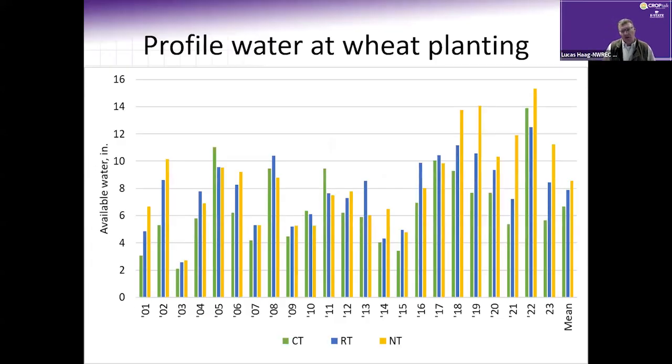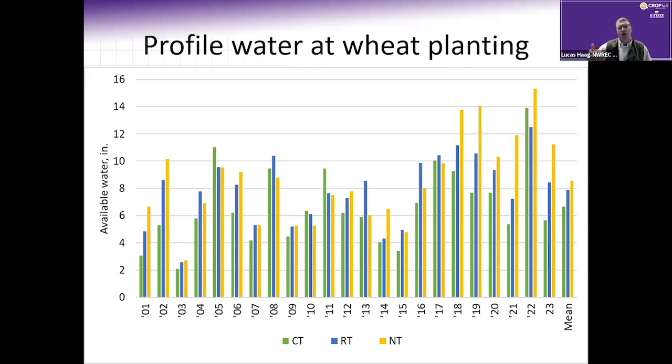Okay, what's driving this big difference between the reduced till and the no-till? So this is profile water at wheat planting. If you look at on average, we've got about 8.5 inches of water in the no-till, sitting just a tick under 8 inches in the reduced till, and about 6.5, 6 3/4 inches in the conventional till. So we do see some differences.